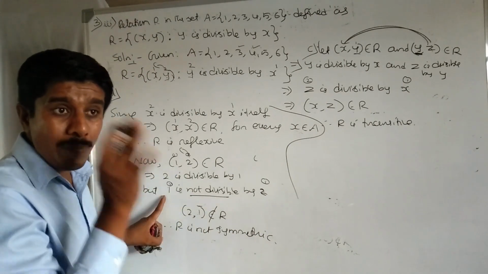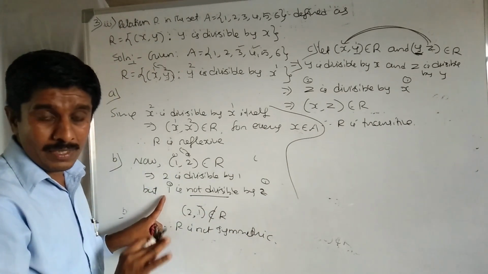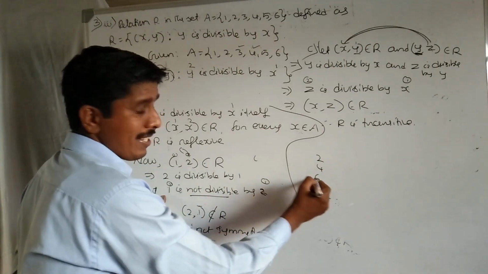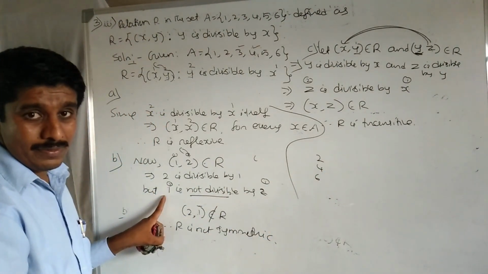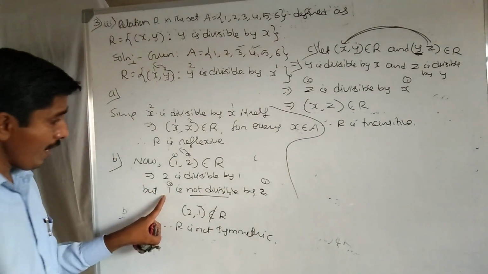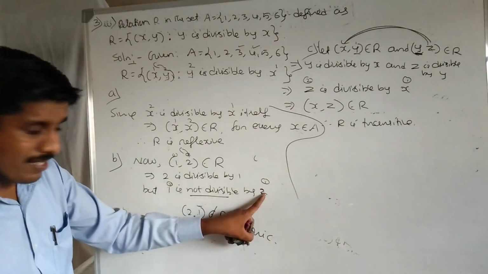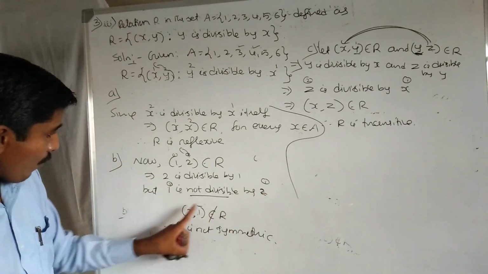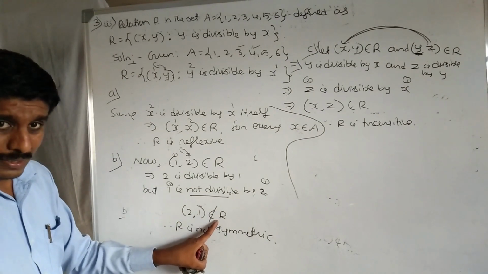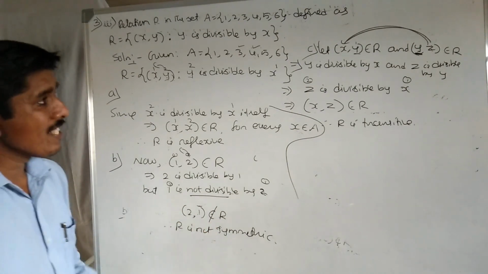Multiples of 2 are 2 ones are 2, 2 twos are 4, 2 threes are 6, like that. Therefore, 2 comma 1 does not belong to R. Therefore, it is not symmetric.